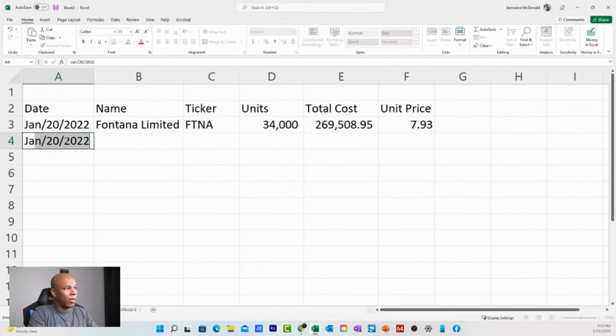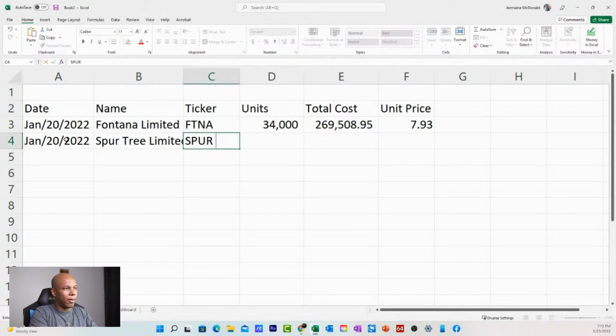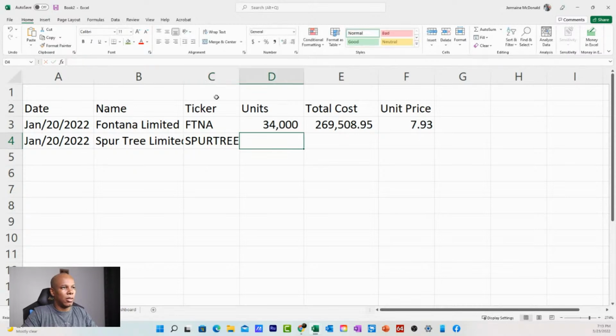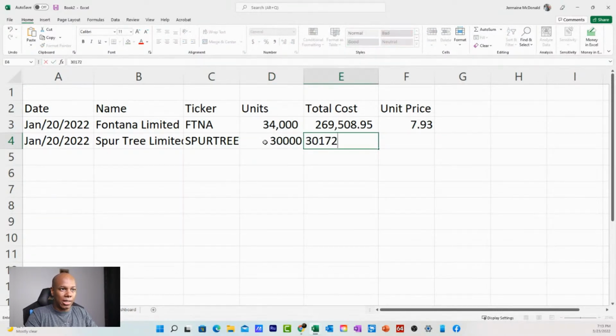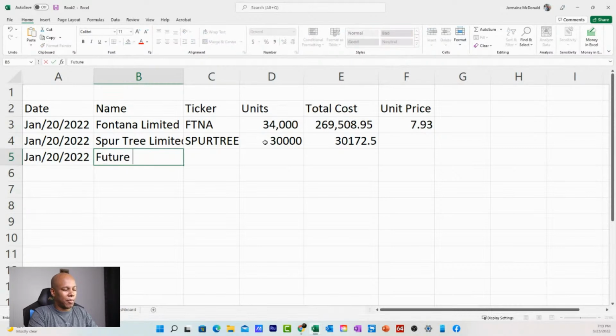All right, I'm just going to use the same date, but of course you'd use the date that applies to you. I think this is about 30,000 units. And let's say I bought this at IPO, for example. Let's say I bought some Fesco shares as well.